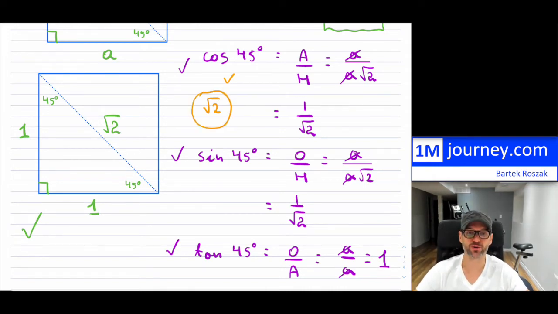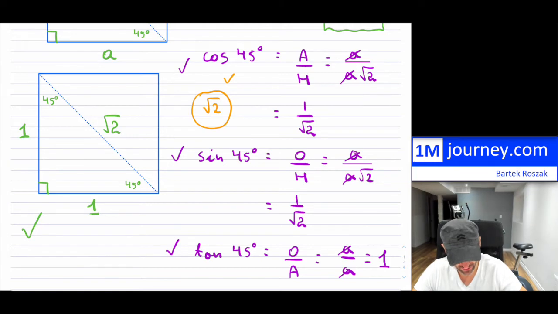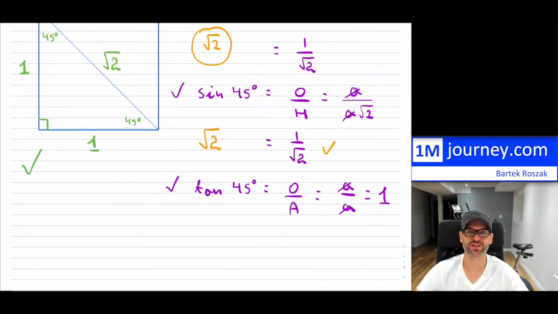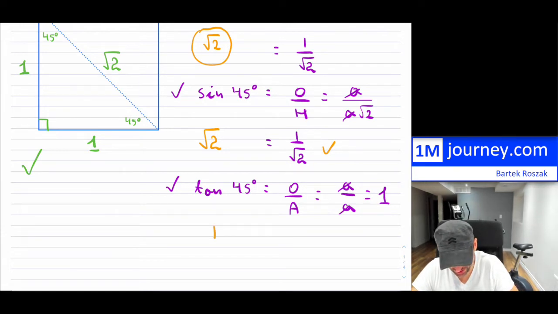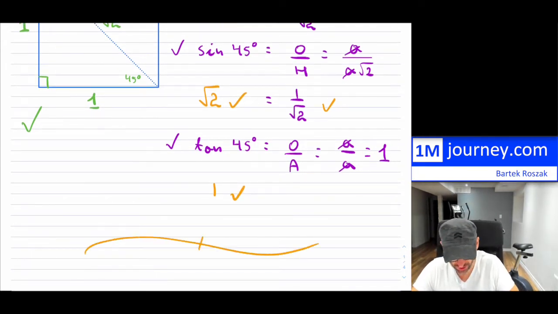If you want to find your cosecant, it's just 1 over sine. So that means we're going to take the reciprocal of our sine, which is exactly the same thing. And now for the cotangent, the reciprocal is 1 over tan, but tangent of 45 is 1. So therefore the cotangent is also going to be 1. So you can have those as well. And those would be all of your actual trigonometric ratios for this 45.